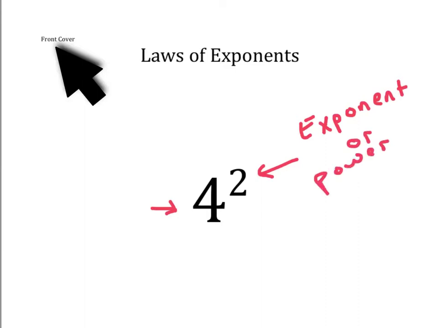We've been saying that for the last couple of years. And then this 4, we're going to call that the base. 4 is the base. So we have 4 squared, and 4 squared has a base of 4 and an exponent or a power of 2. And we know that 4 squared is really 4 times 4, which equals 16.